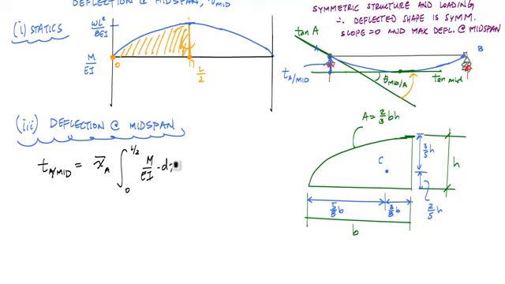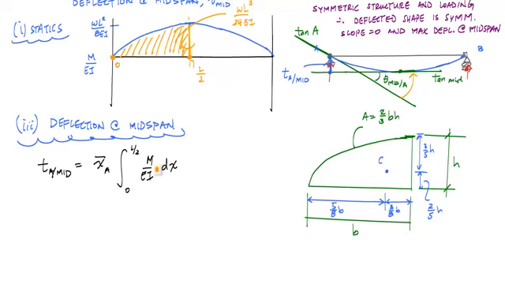Again, you could do the integral, but here we've got the geometric properties of a parabola, and there's no need to get all crazy and do that. We've already calculated this area from the first part, when we calculated the slope, and it is WL cubed over 24EI.